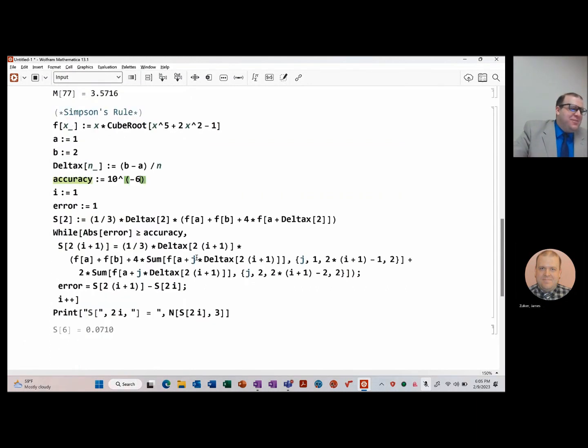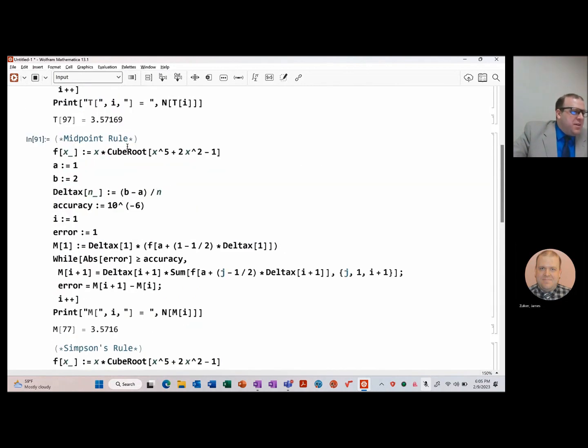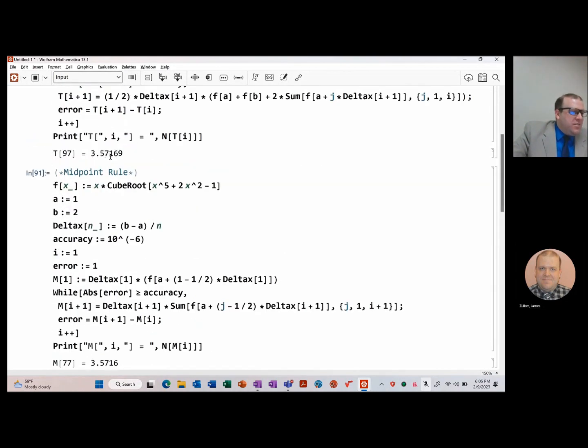Simpson's rule. I'm again going to get rid of that 3. I forgot to check, these are only 4 decimal places, by the way. That one's 5. So we're going to need 7 sig figs to get 6 decimals.